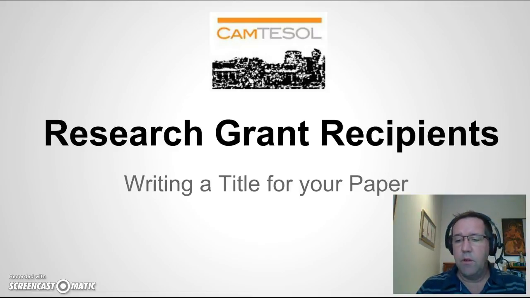The first thing I was going to show you is writing a title for your paper. It's important to write a clear and accurate title because it is the first thing that your reader will see. It is also the first thing that the committee will see when you submit your paper for peer editing for the LEIA journal.